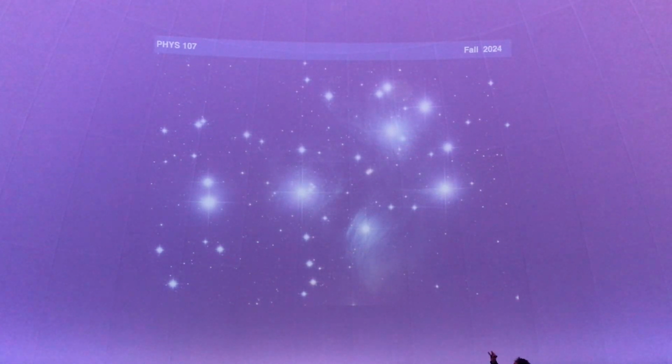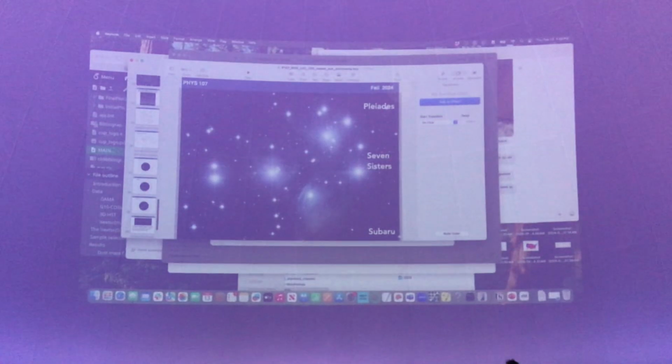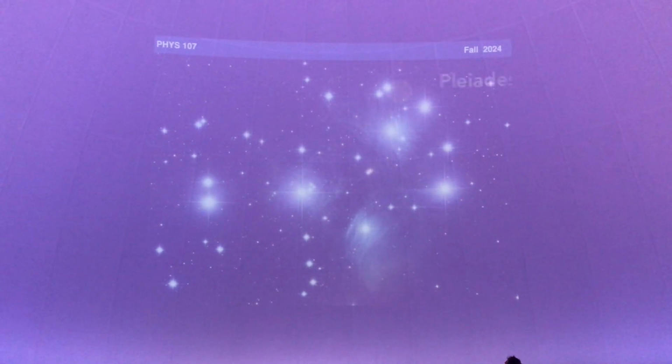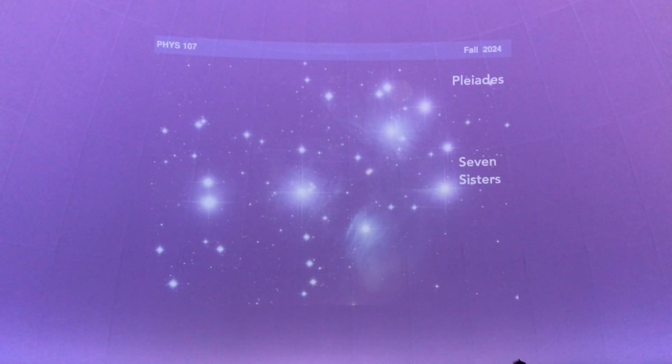It's a larger group than the seven stars, but they're often named the seven sisters. They're called the Pleiades. Often they're the seven sisters or the seven nuns or something like that.